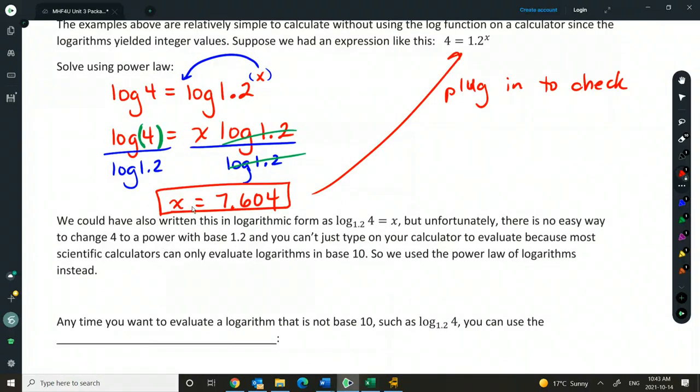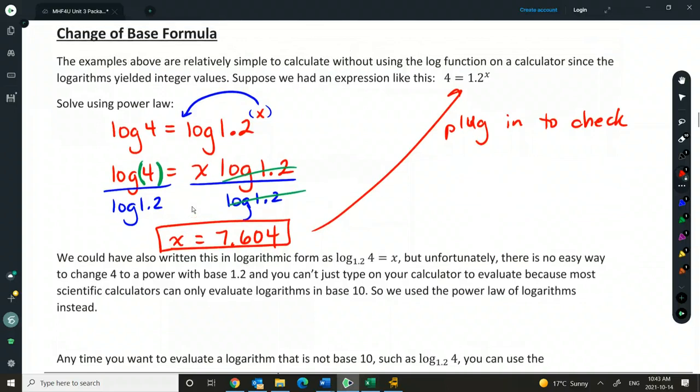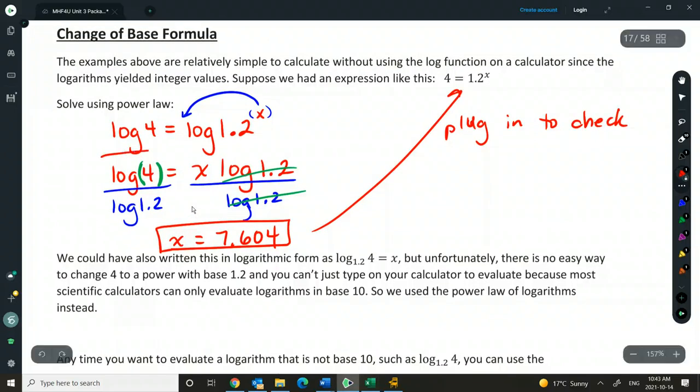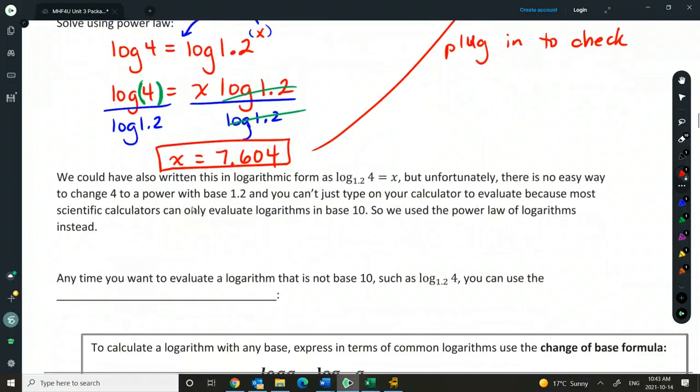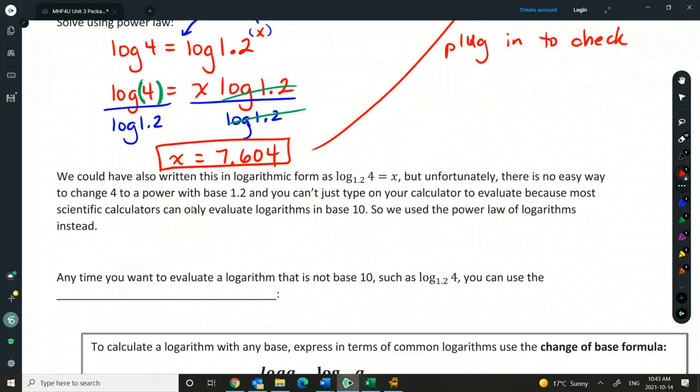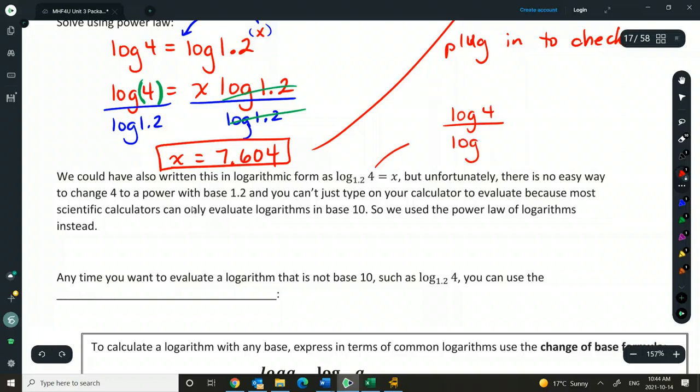Okay, so with the change of base formula, if I have something like log 4 over log 1.2, we talked about the change of base formula, and it said that if I have log of 4 over log of 1.2 equals x, one way that I can condense this into a single logarithm is I can write log base 1.2 of 4.